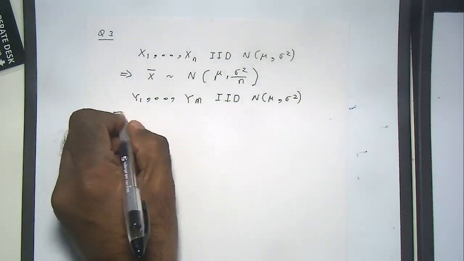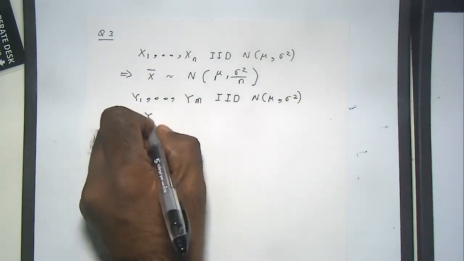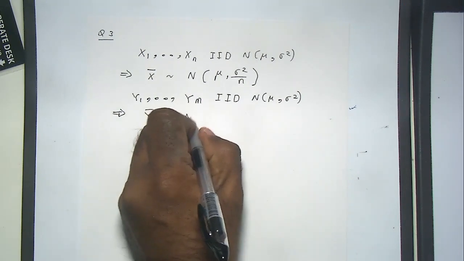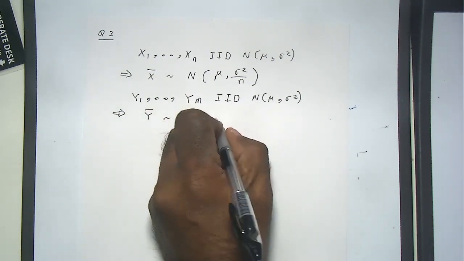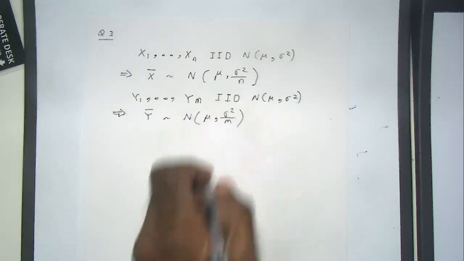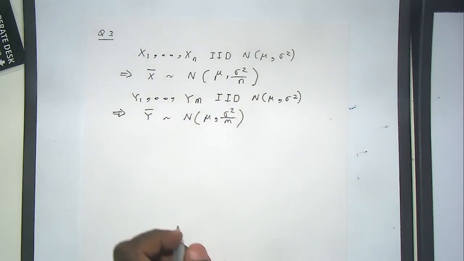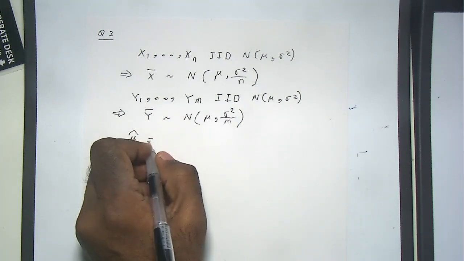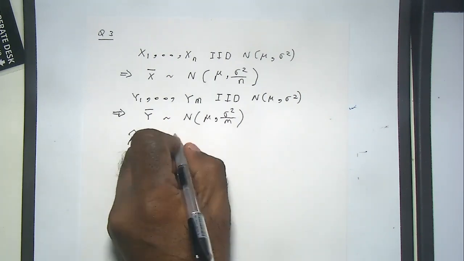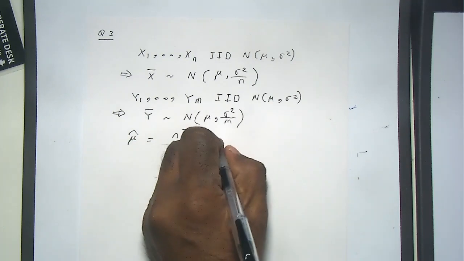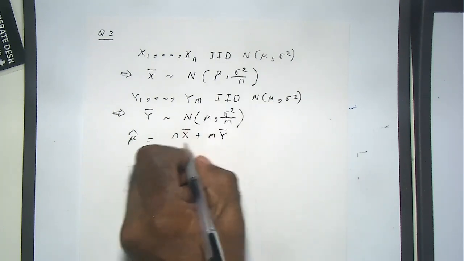So this implies that y bar, the mean of the y's, has a normal distribution with parameters mu and sigma squared divided by m. Right? And we need to show that we have mu hat. Mu hat is defined as n x bar plus m y bar divided by n plus m.